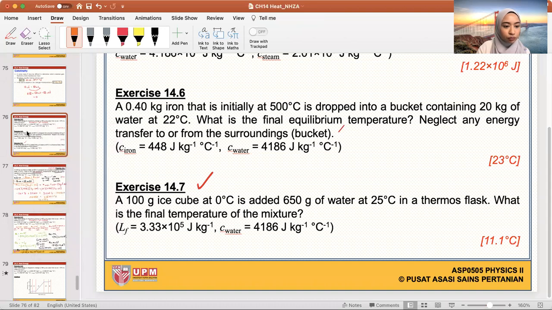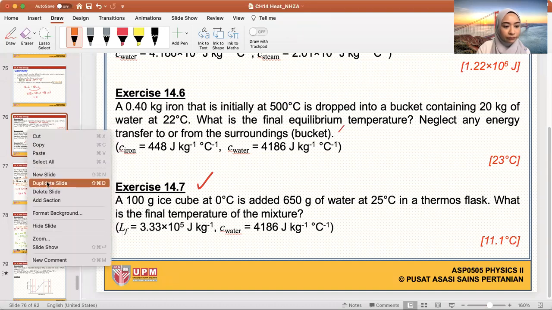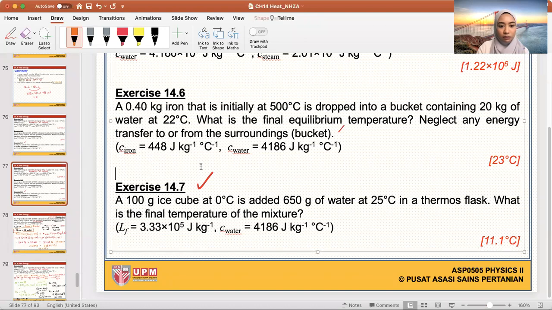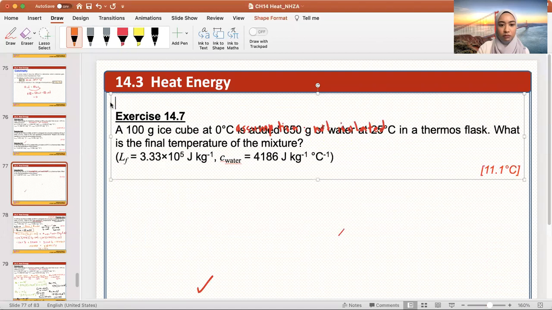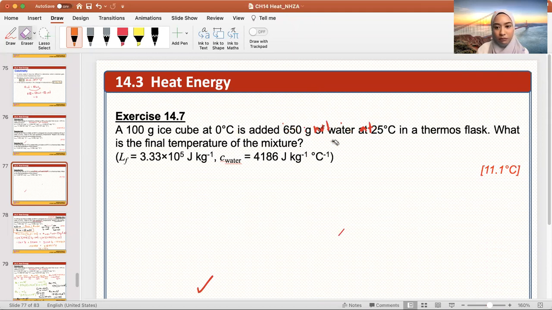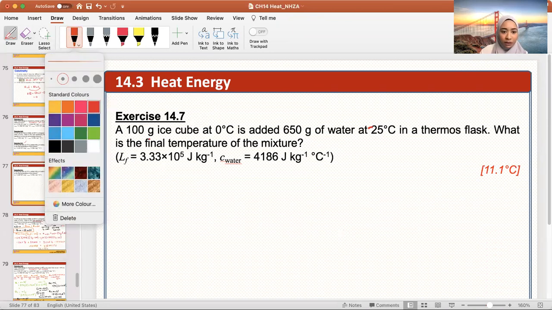One moment. Alright, so the answer here is 11.1. Okay, so exercise 14.7, our last one and our final lesson for chapter 14.